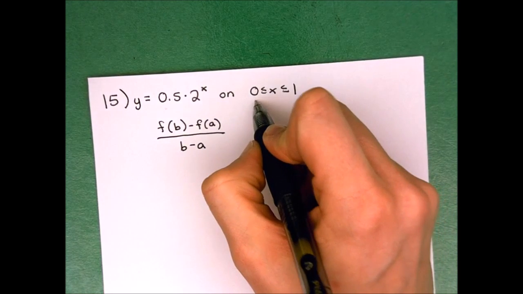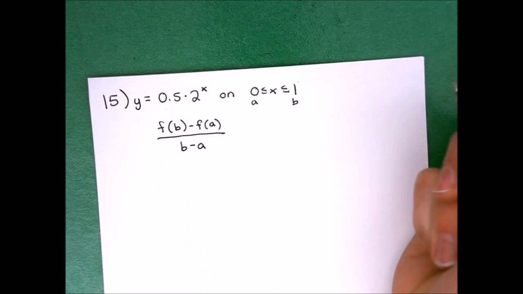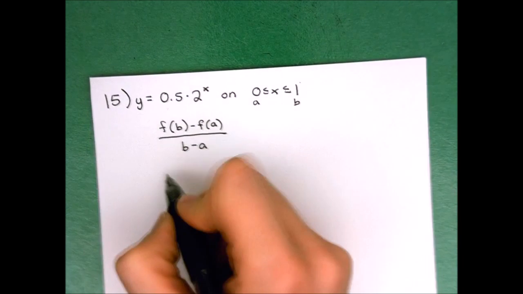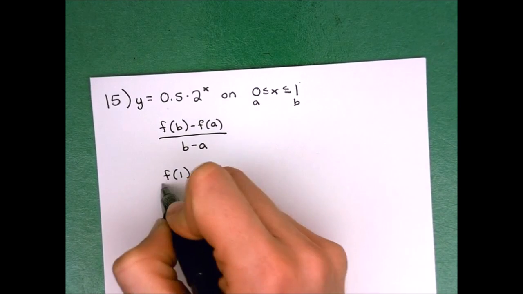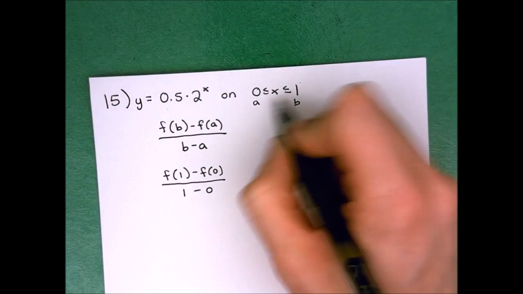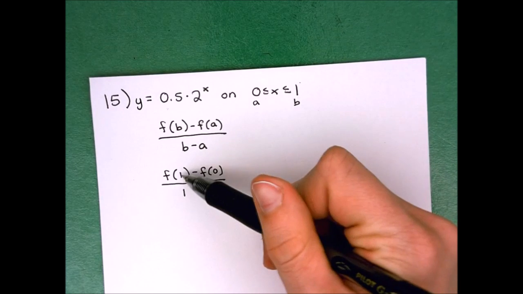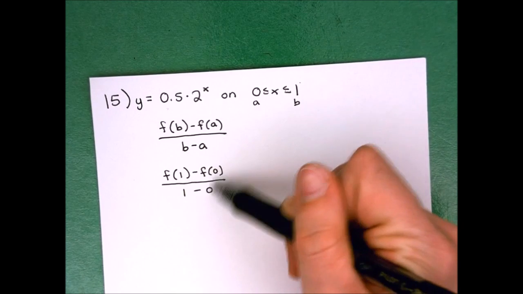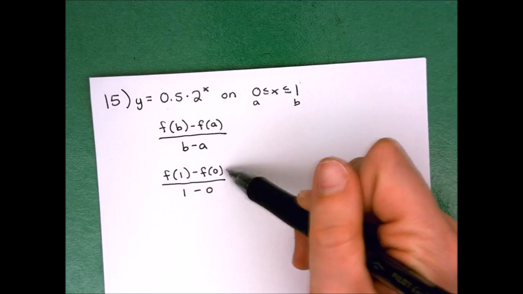Again, it doesn't matter which is your a and which is your b. I generally like making the bigger one my b. This is going to be f of 1 minus f of 0 all over 1 minus 0, since I made my 1 b and my 0 a. And again, the thing you're going to want to always double check is that these numbers match. We don't want f of 1 over 0 or f of 0 over 1.